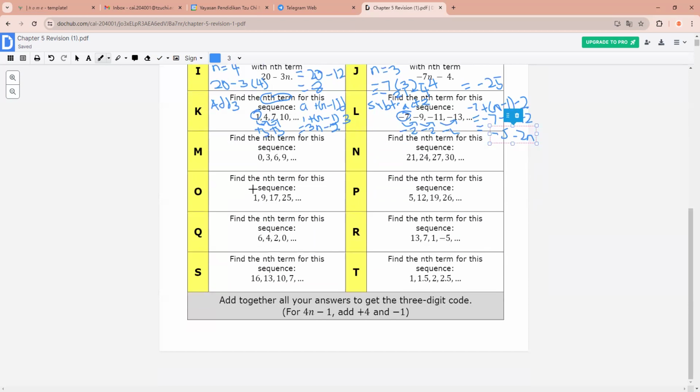Next question, find the nth term for this sequence. So same thing, we find the term-to-term rule. And for this sequence, the term-to-term rule is add 3.